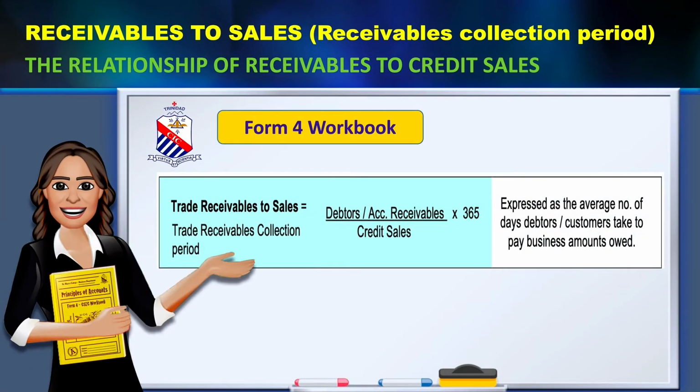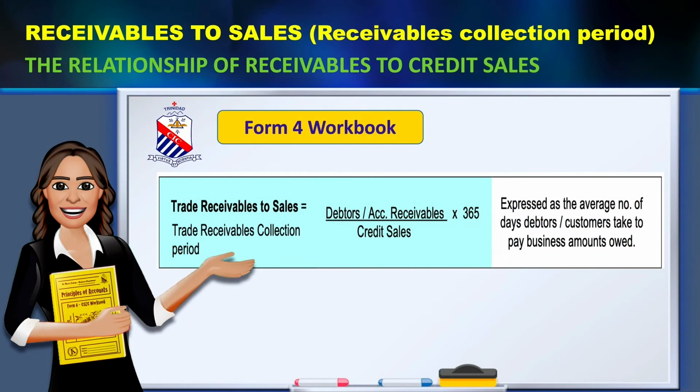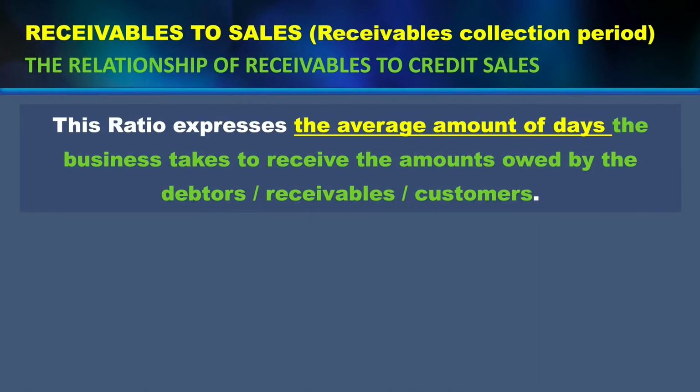So the first ratio that we are going to look at is your trade receivables or accounts receivables to sales. And this is the formula here. It is expressed as the average number of days that the customer takes to pay the business amounts owed. So once again, the receivables to sales ratio expresses the average amount of days the business takes to receive the amounts owed by the debtors, receivables, or customers.